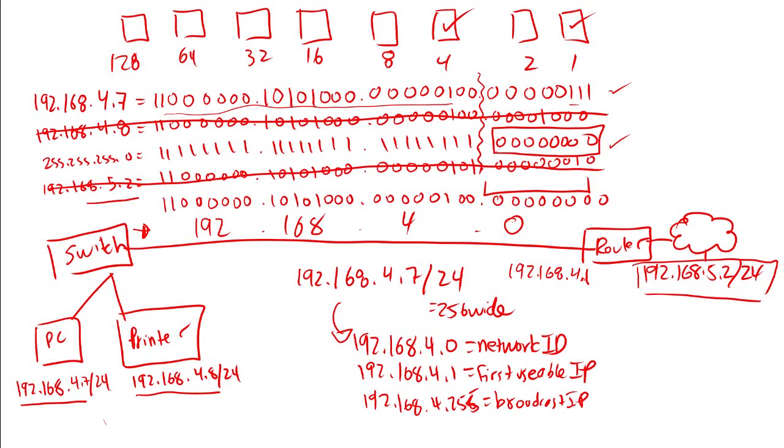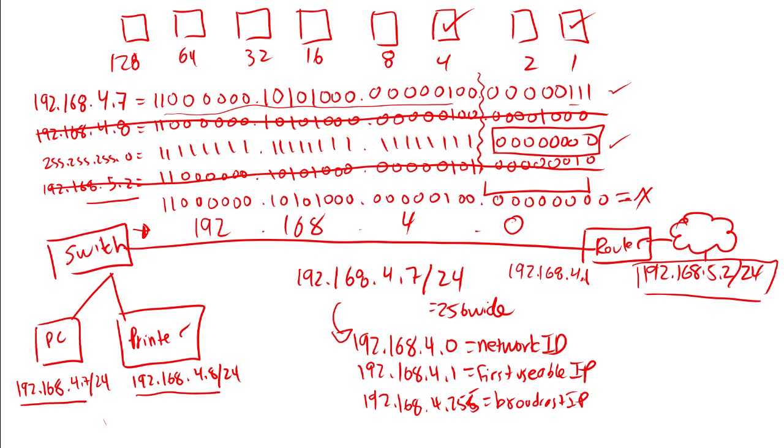So that's how we calculate a subnet mask. Now, I don't really care for this formula, but some people do. There's another way to calculate the 256, and that is to figure out how many numbers there are at the end of the subnet. We count how many zeros, and we call this x.